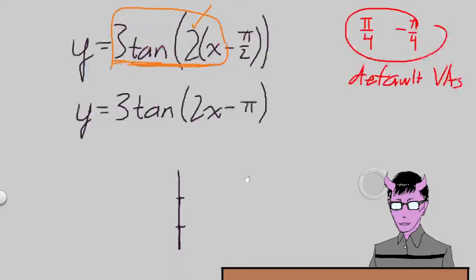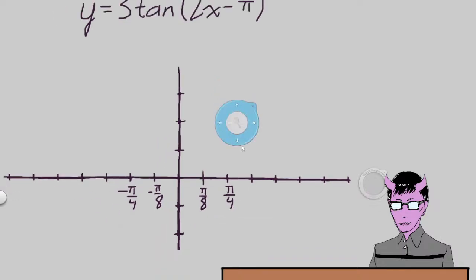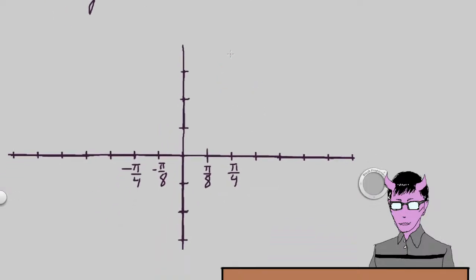Well, let's put the vertical asymptotes, I'm sorry. So we have vertical asymptotes at pi over 4 and negative pi over 4. Now we're going to do this as straight as possible. I'm just doing standard copy paste cheese strats.